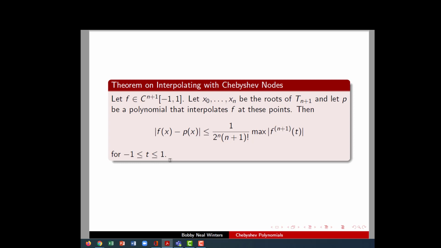So we have a bound. If our function doesn't have derivatives that get too big, then we can really get a good approximation. In fact, this tells us that if we make n big, then we can get a really good approximation.